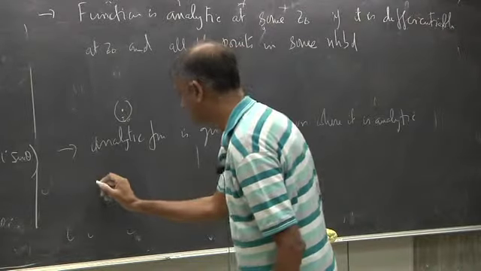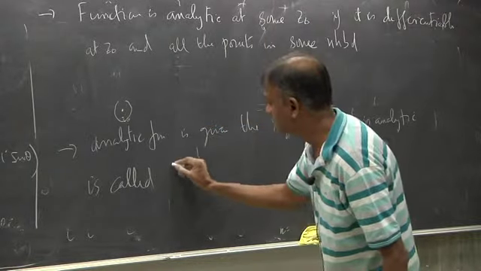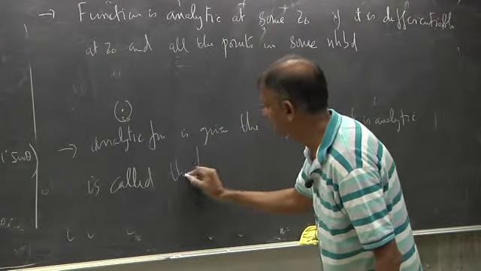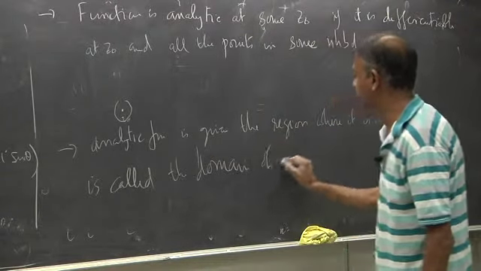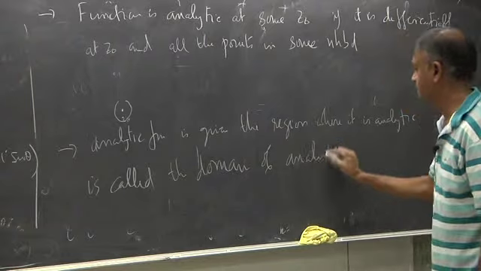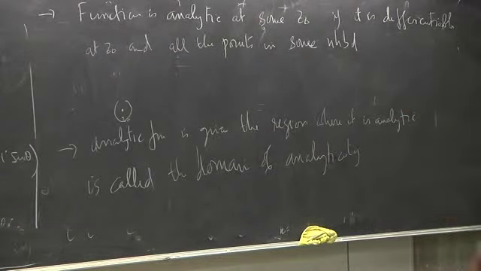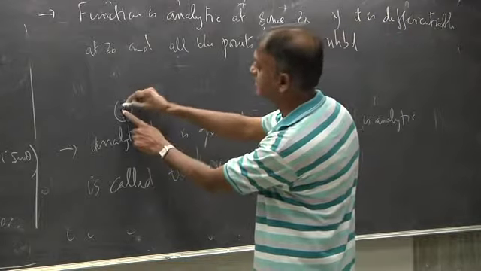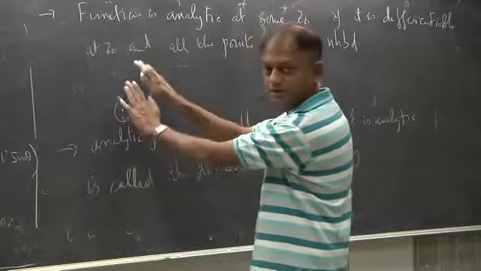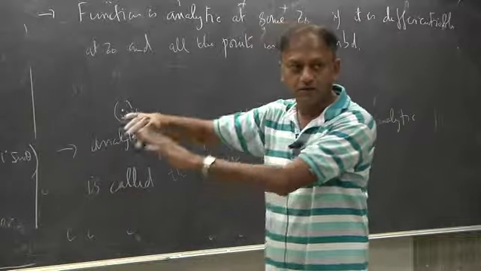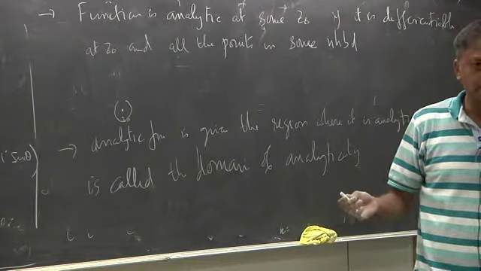Okay, I'm just saying some definitions. Analytic of course means in some neighborhood, but it could be that it's analytic even in a bigger region. So whatever region where it is analytic, that is called the domain of analyticity, right?